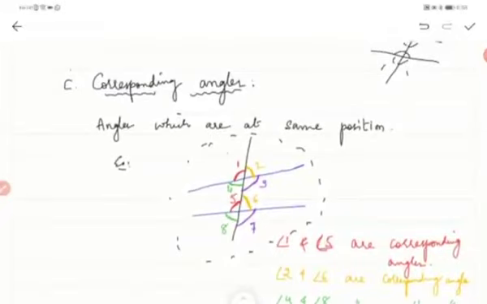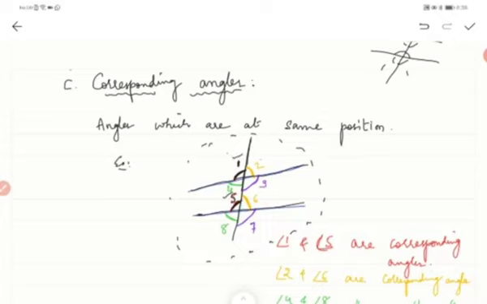Same position means, see, you have angle 1 here, and this is the transversal line, and it is cutting the other line, so at this position there is 1. The same position as 1 is the other angle, 5, because this transversal line intersects the other line here, and the angle sitting here, 1 and 5, are the same.